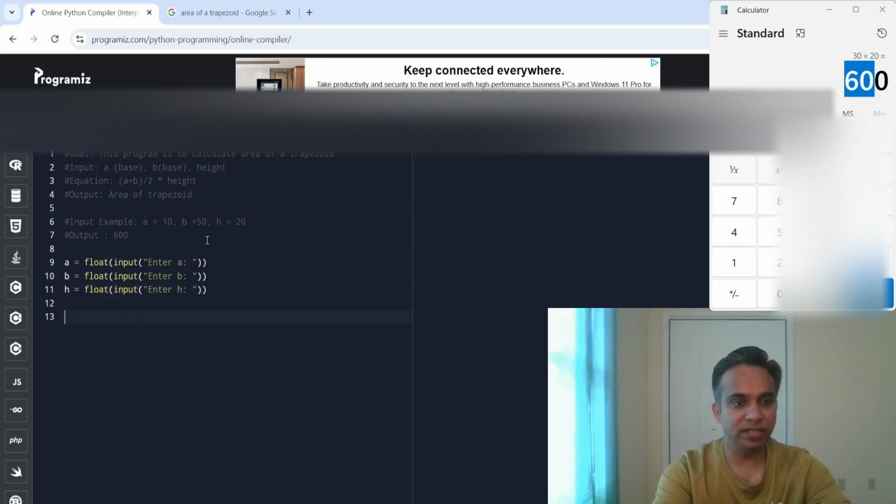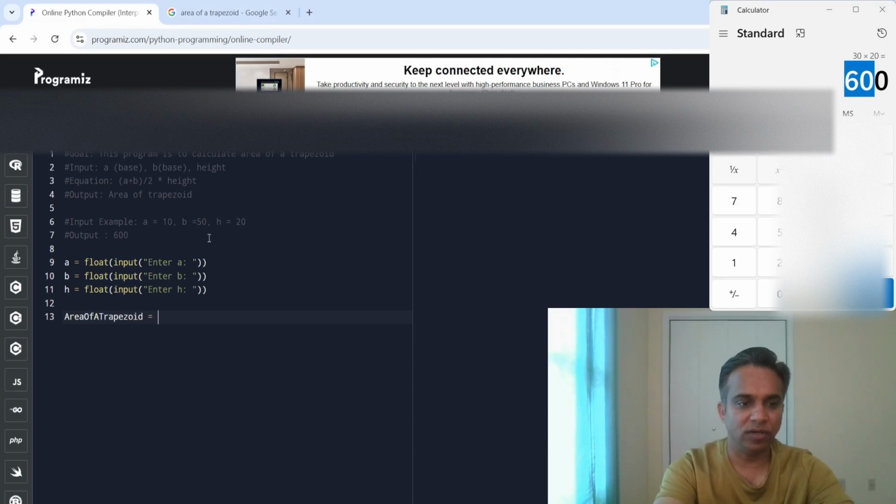Now our equation, the area of a trapezoid equal to a plus b divided by 2 multiplied by h.